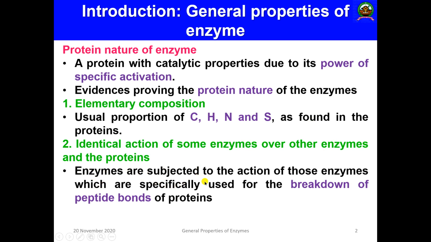Enzymes are subjected to the action of those enzymes which are specifically used for the breakdown of peptide bonds of proteins, say for example proteases or peptidases. They have identical actions over other enzymes and proteins. The peptidases cleave the peptide bond, breaking it down.